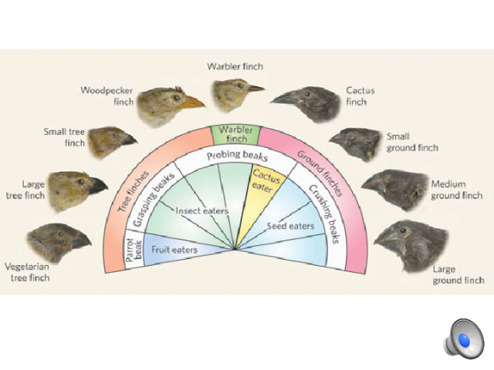And then in terms of what they eat, he also classified them that way. So over here, the ground finches with the crushing beaks, they eat seeds. And that makes sense. If you're going to eat a seed, you have to have some way to open the seed. So these big crushing beaks are associated with finches that eat seeds. And then if you come over here, you've got this green band that says insect eaters.